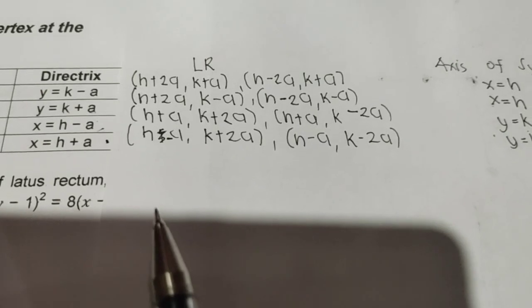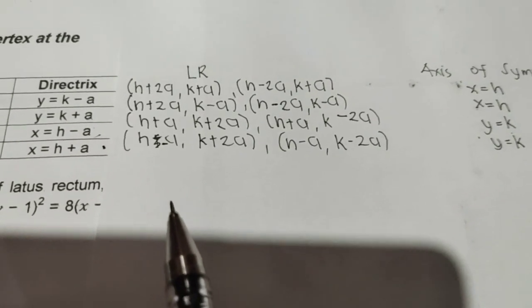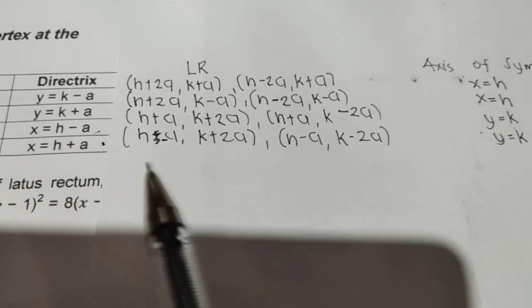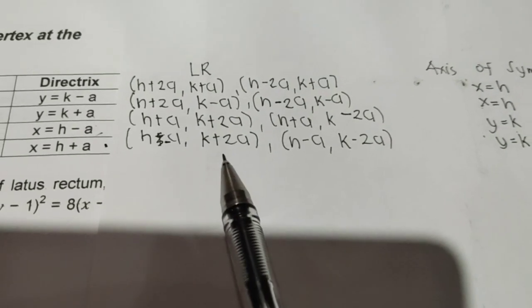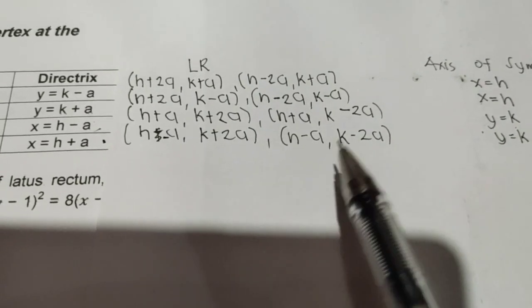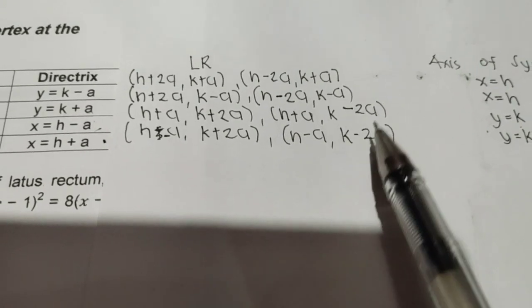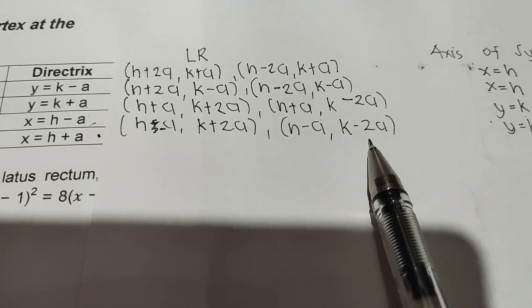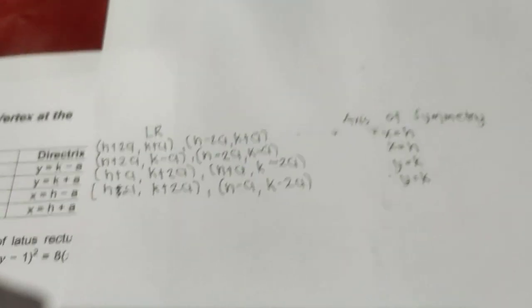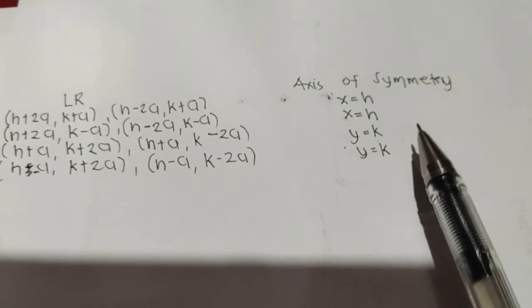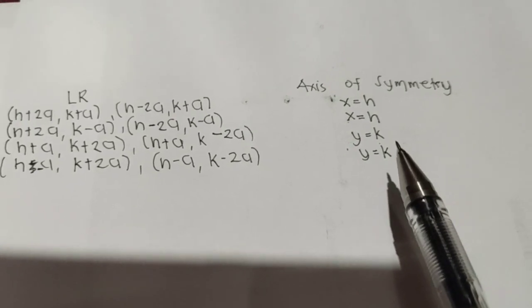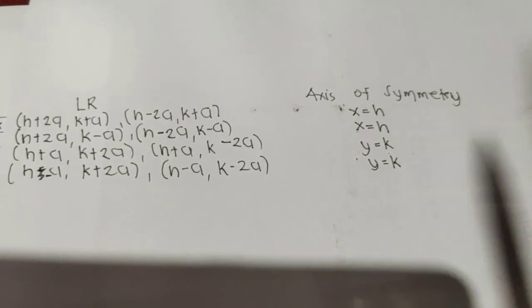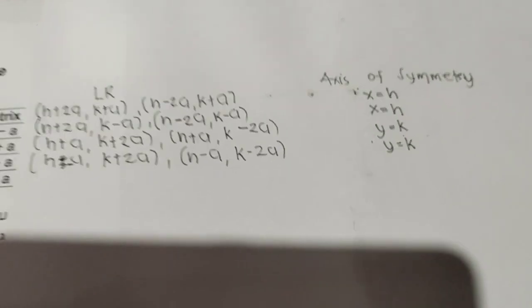And the endpoints of the latus rectum of the parabola that opens to the left are (h minus a, k plus 2a) and (h minus a, k minus 2a). And the axis of symmetry of the parabola that opens either to the right or to the left is y equals k.